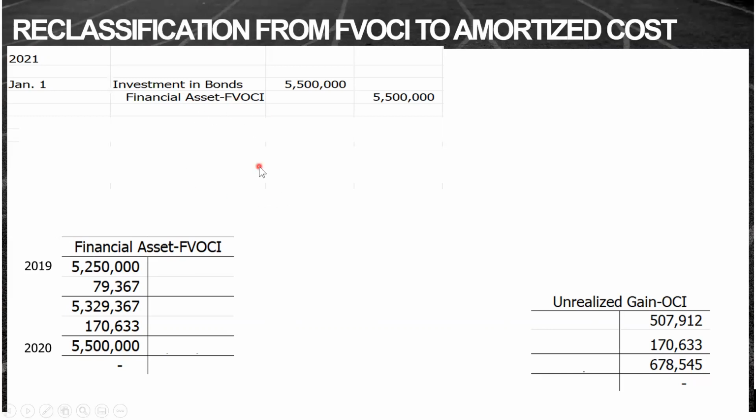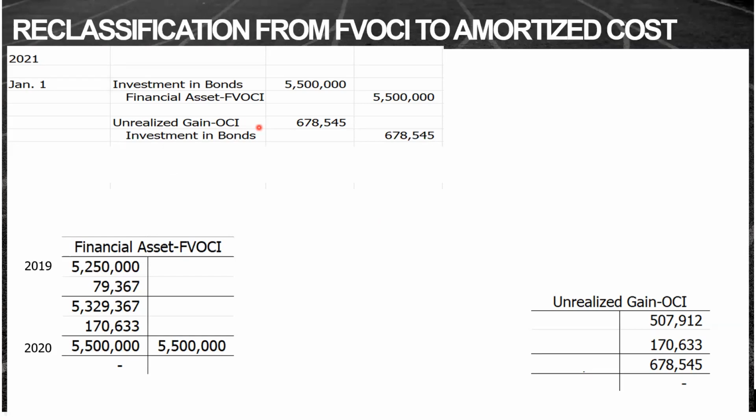So with this entry, of course, mag-zero out na yung ating financial asset FVOCI. We also have another entry. So take note of this one. Sabi doon sa ating guide na kung galing sa FVOCI daw, yung cumulative na unrealized gain OCI or unrealized loss OCI, ay dapat i-close natin, tanggalin na natin siya from our records, and we have to reflect that as an adjustment to our investment account.